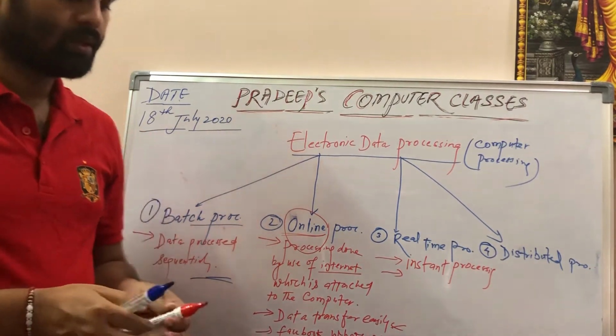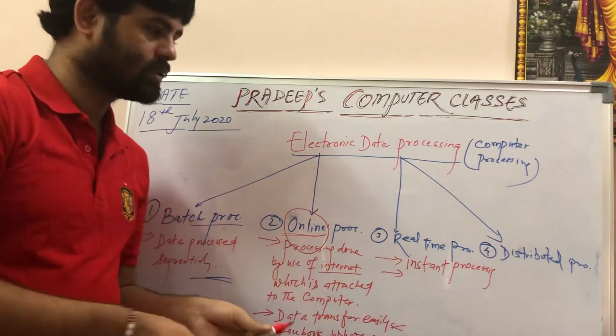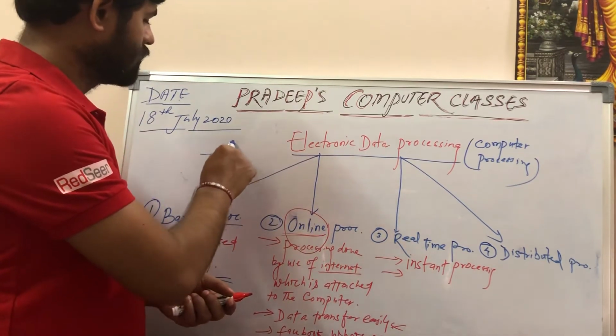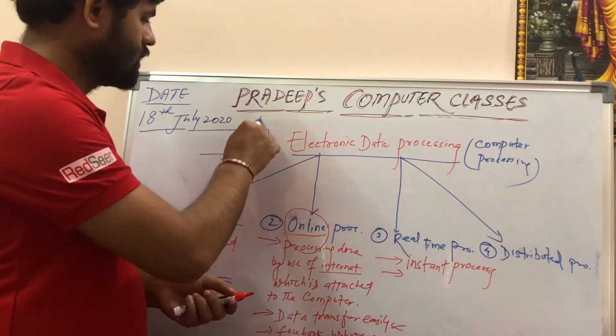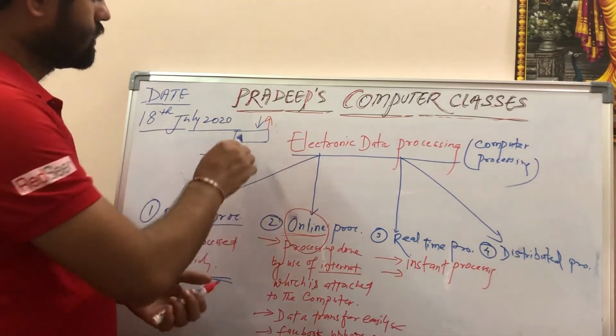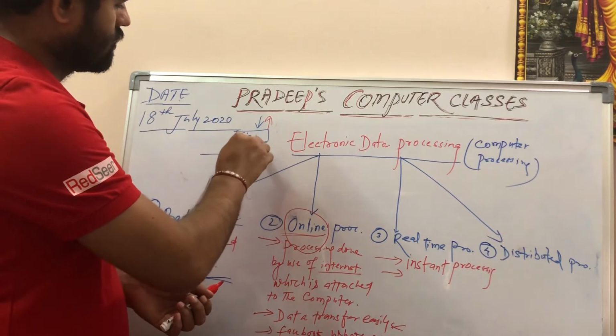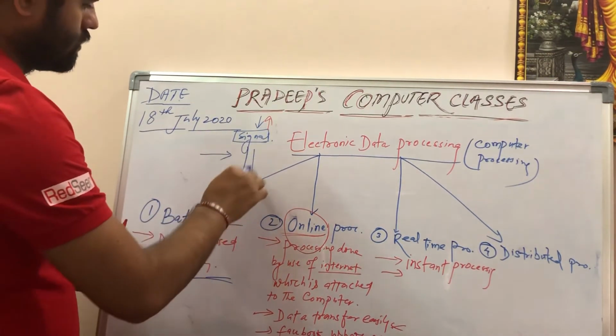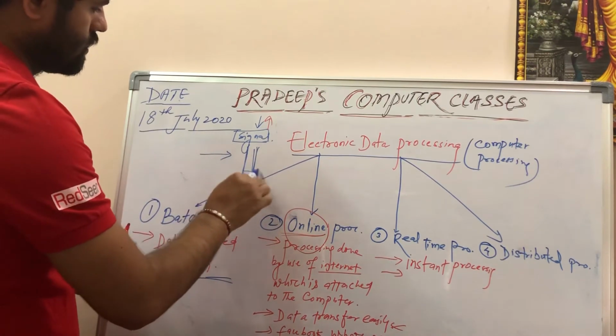Like, you can see that a train is coming, and there is one signal there. So signal is up and down. This is the railway track.